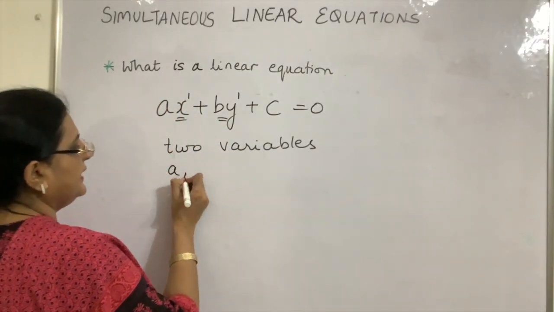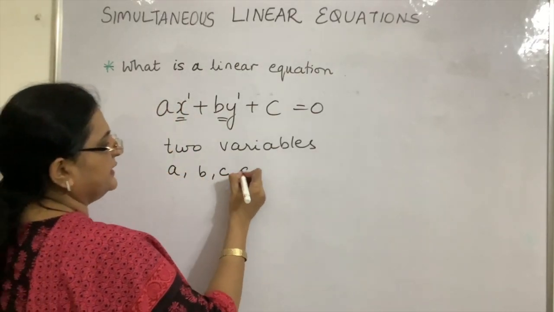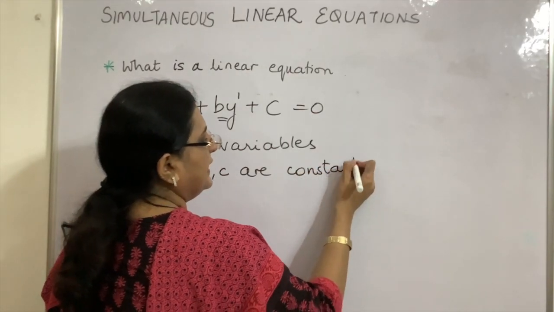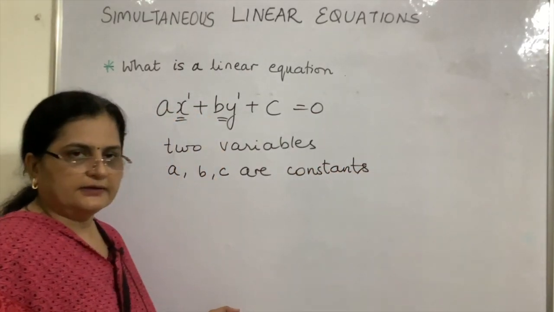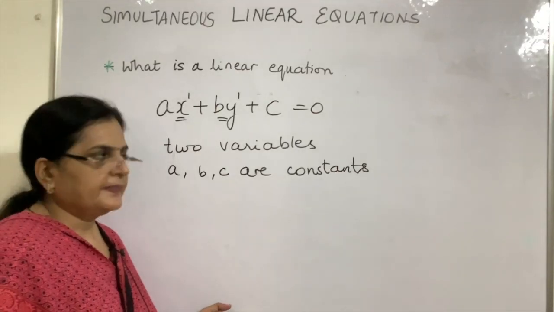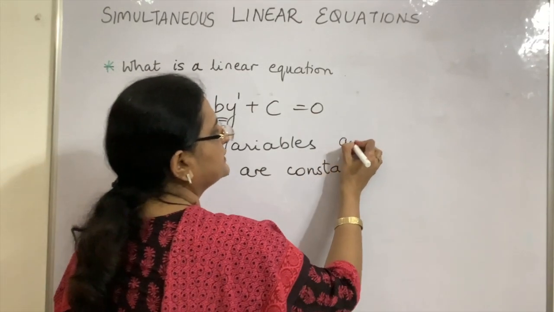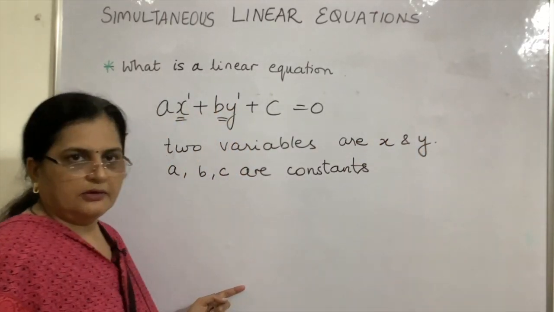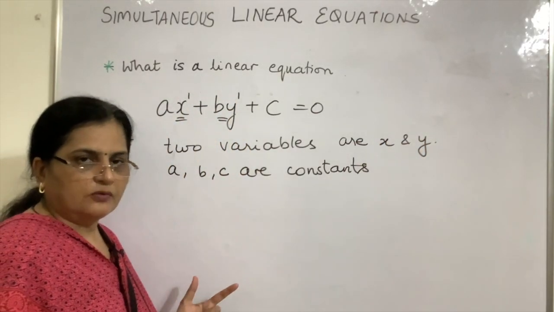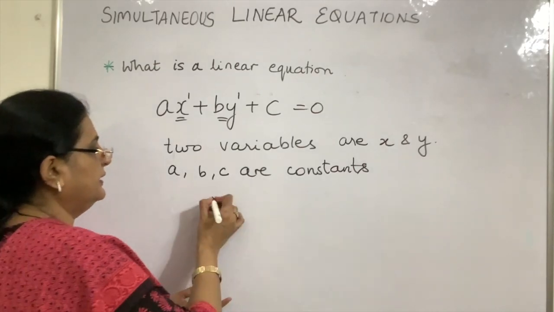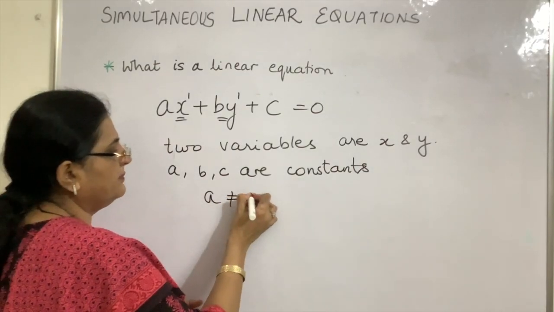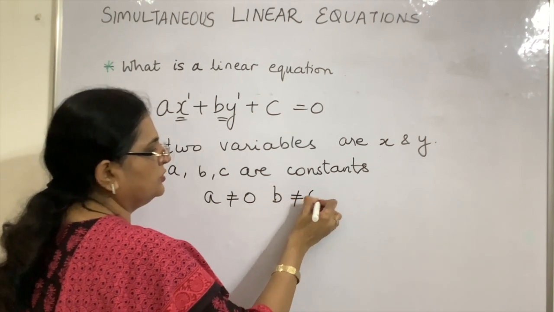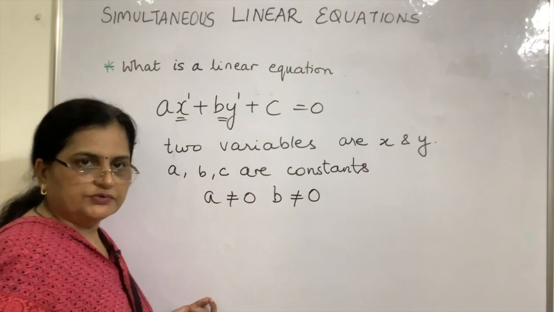And what are a, b and c? They are some constants and they are real numbers. And what are the two variables in this case? X and y. And what is the necessary condition? That a should not be equal to 0 and b also should not be equal to 0.